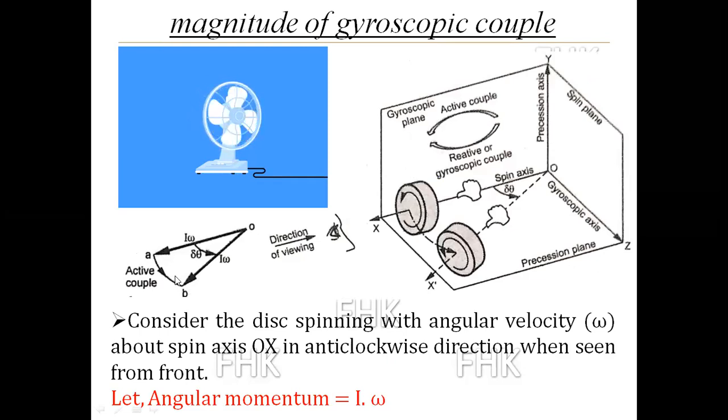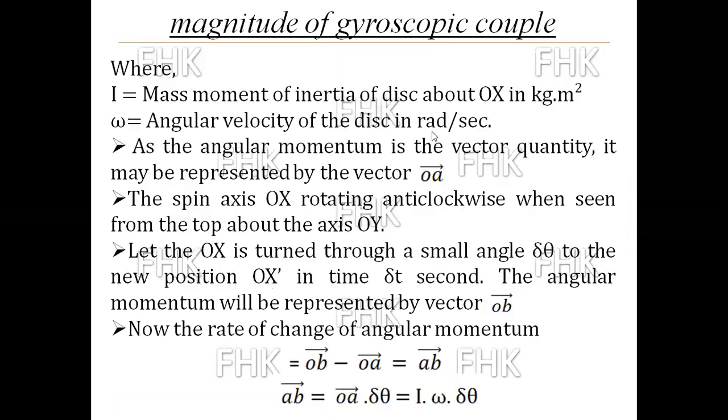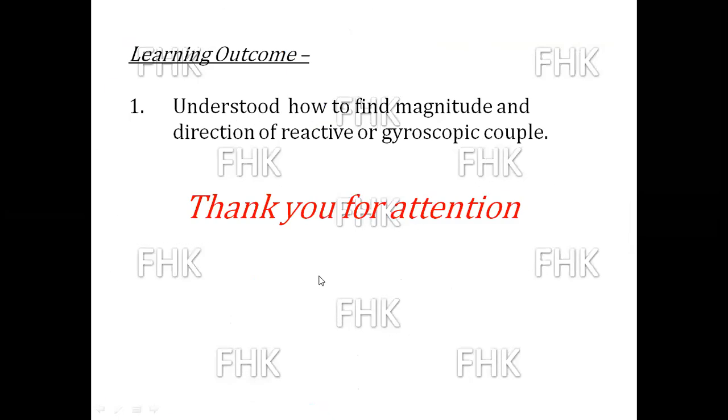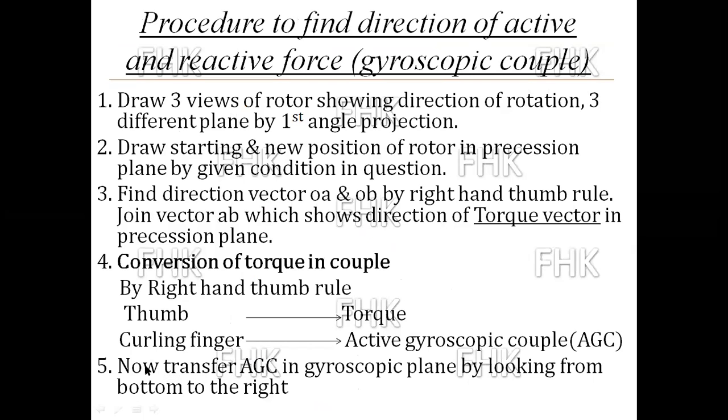This direction shows the thumb, and the curling fingers will show the direction of the active couple. And the last stage is to transfer the active gyroscopic couple in the gyroscopic plane by looking from bottom to right. This procedure you can clearly understand when you solve the numericals.